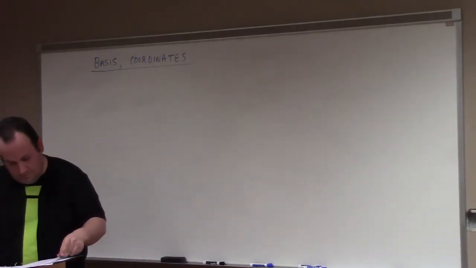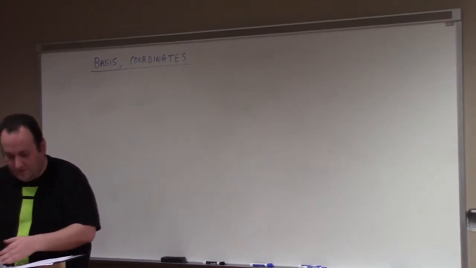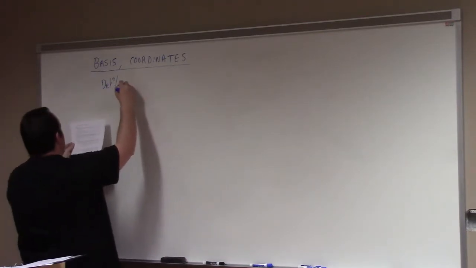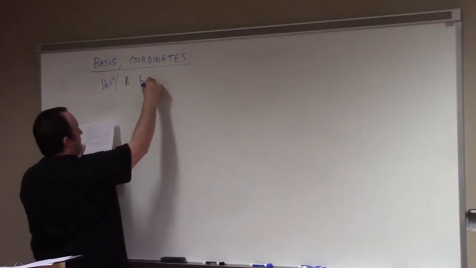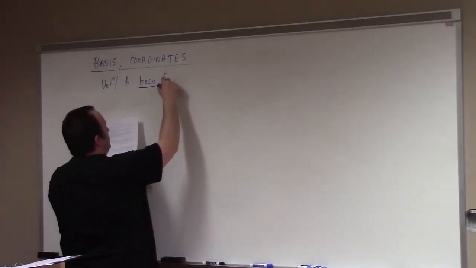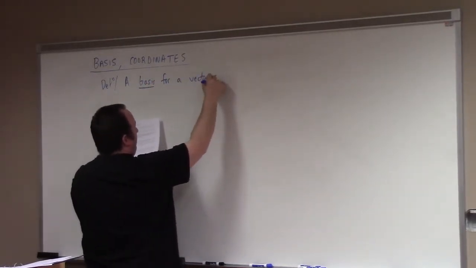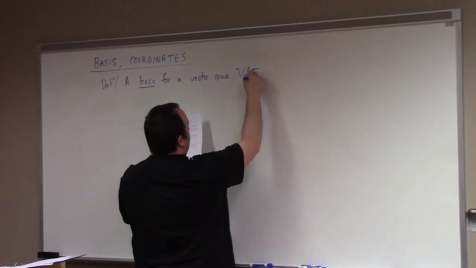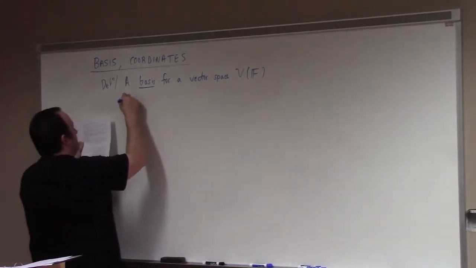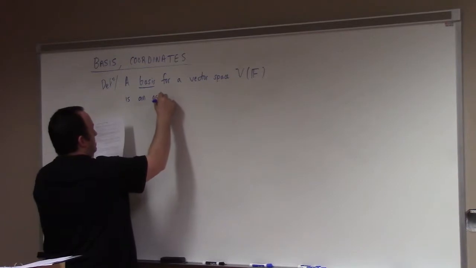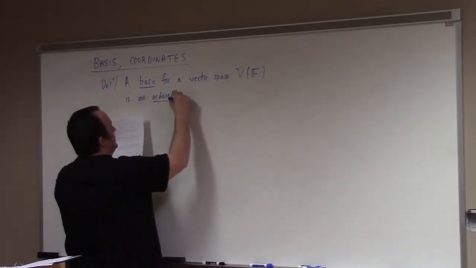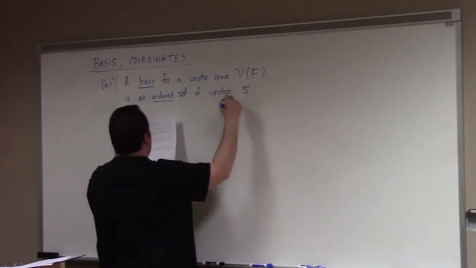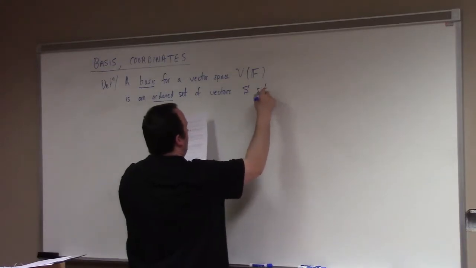So start with a definition. This is definition 6.5.1. A basis for a vector space V over a field F is an ordered set of vectors, let's say S, such that two things.